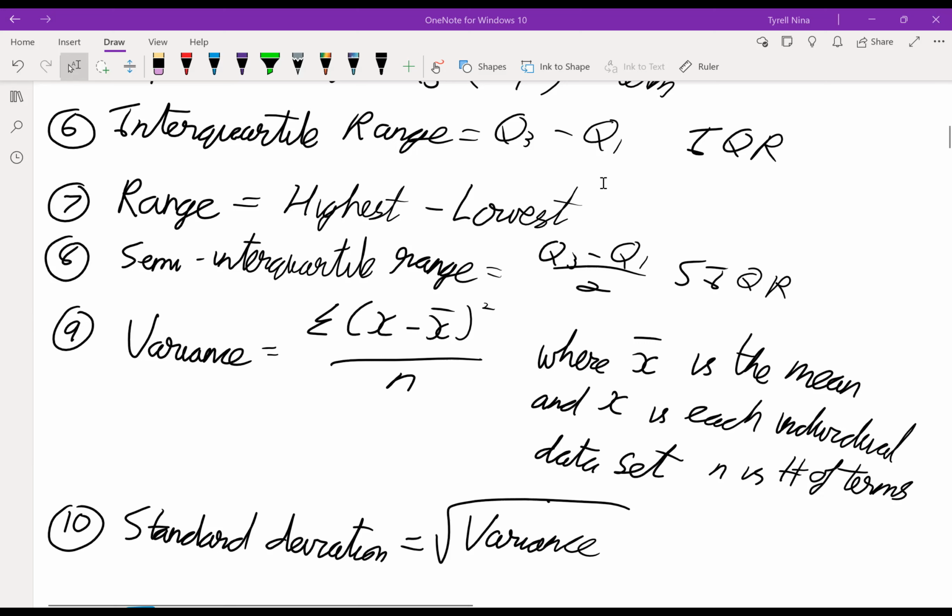I don't like the one they give on the formula sheet. The one on the formula sheet is for group data. And from what I've seen from the past papers, they're hardly given group data. That's the hard part about it. They mainly give ungrouped data. And I'm going to tell you what standard deviation is exactly.